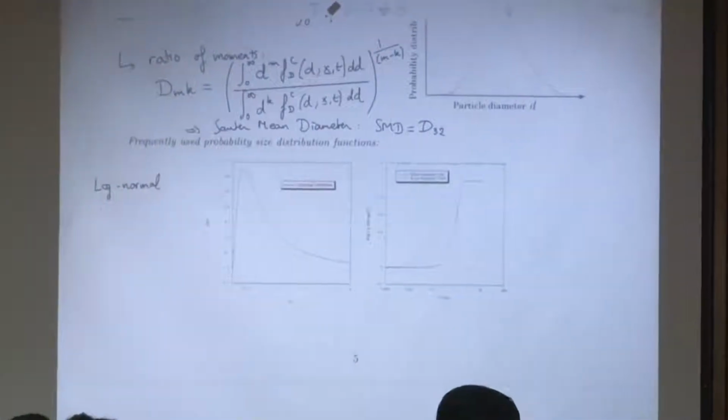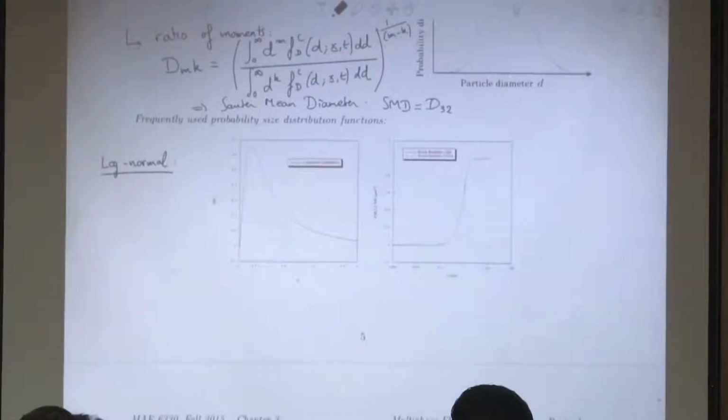The particle diameter is by definition going to be larger than 0, and therefore you can expect that if your particle distribution has come from an evaporation process, an atomization process, or a fragmentation process, you'll probably get a distribution that will not be too different from a log normal distribution. I'll show you in a couple of days how this log normal distribution shows up in a number of other situations as well.